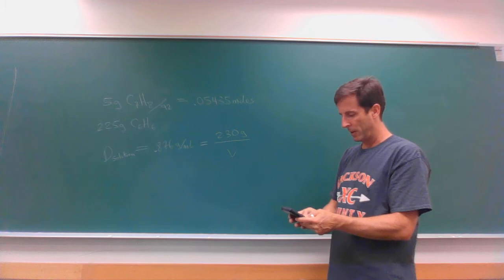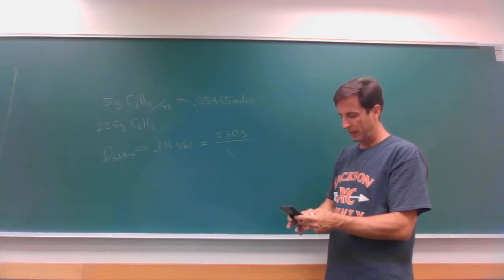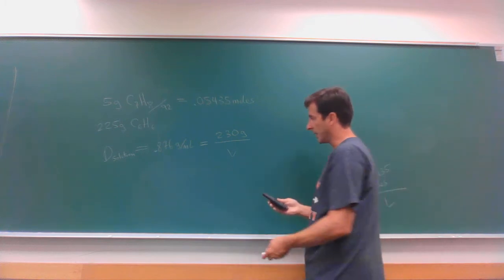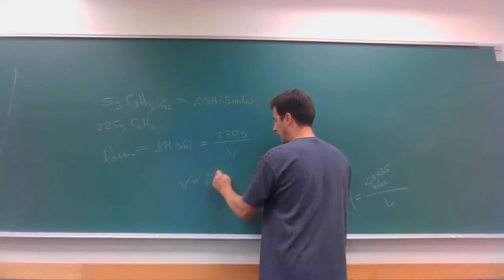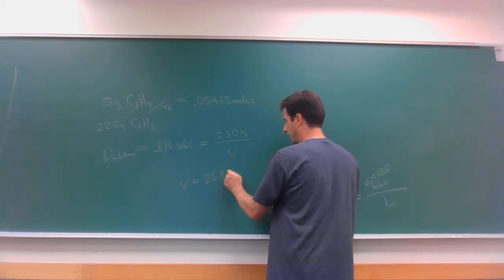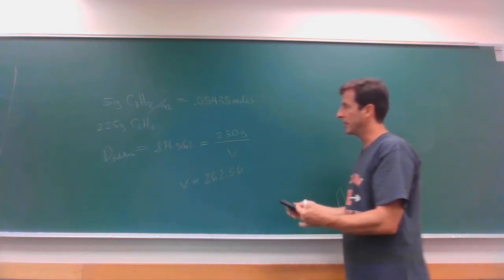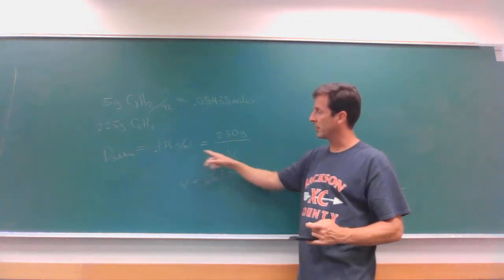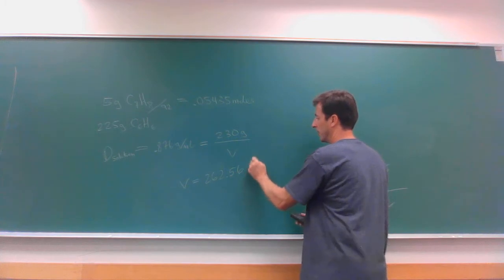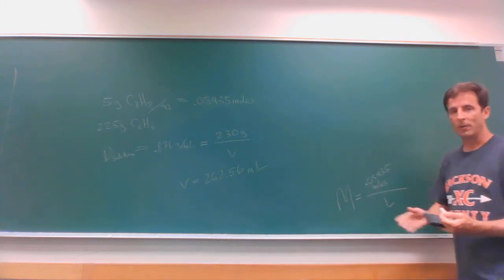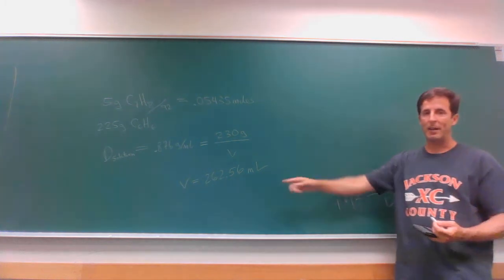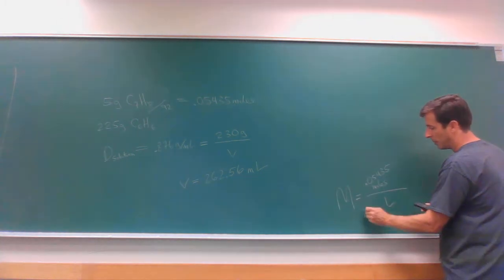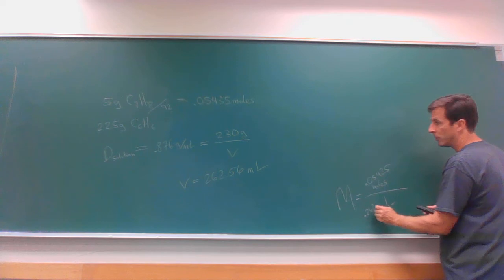So 230 divided by 0.876 is going to give me a volume of 262.56. The units, density is grams per milliliter, so my volume is going to be in milliliters. And then over at my molarity, I need the volume in liters. So I'm going to have to divide that number by 1,000. So it's going to be 0.26256.